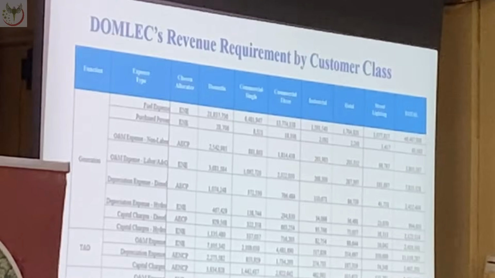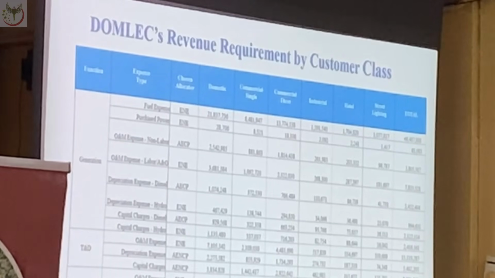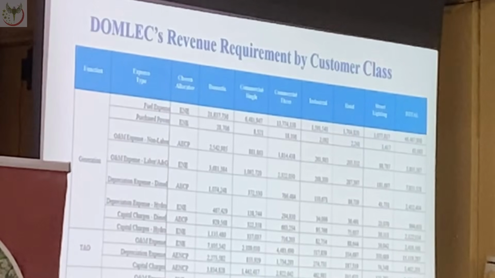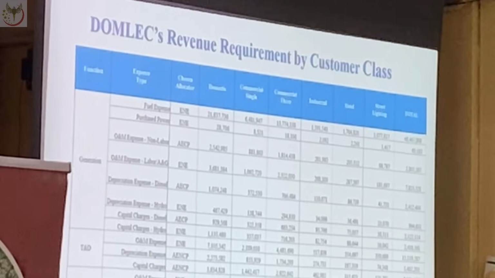Now, if you look at the last row, we have a revenue from electricity sales. So that revenue from electricity sales is based on DOMLEC's test year for 2023. So we are seeing the revenue from electricity sale is 63 million.